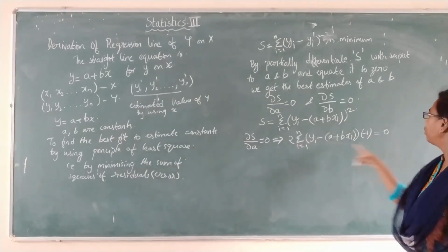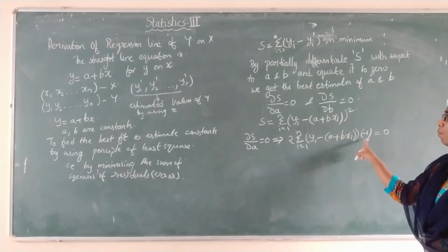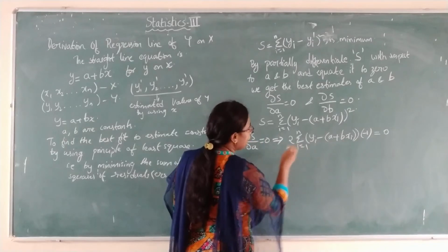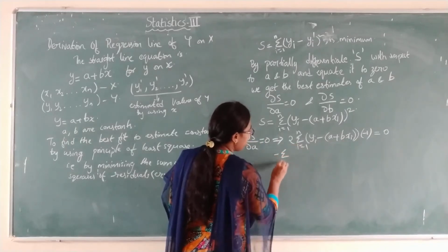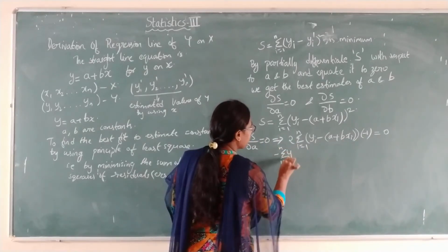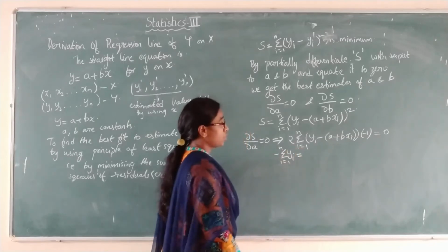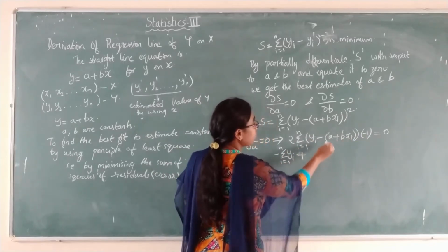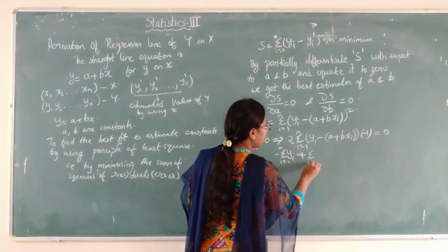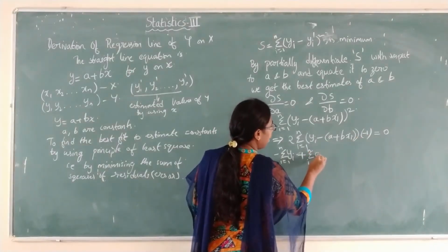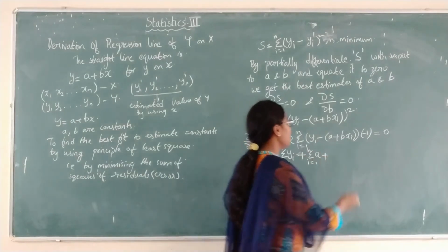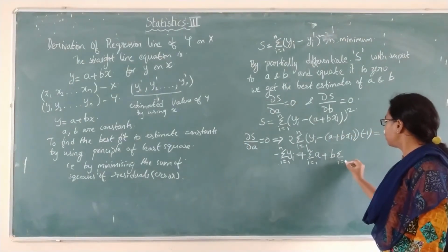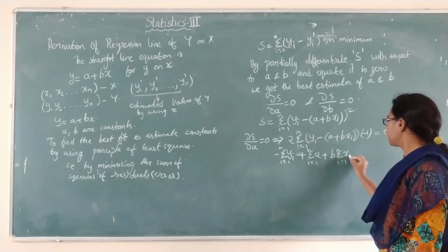Now send 2 to that side, multiply minus and summation. So minus summation i equals 1 to n yi, and minus into minus is plus, summation i equals 1 to n of a plus b into summation i equals 1 to n xi.